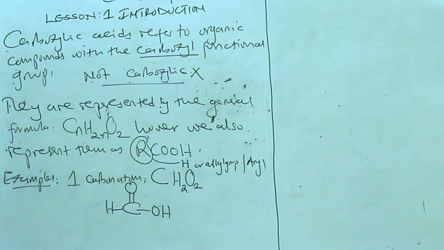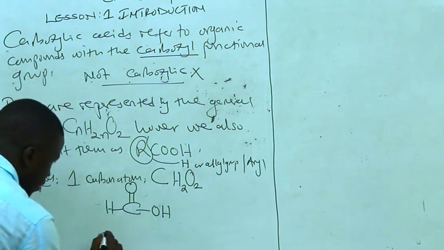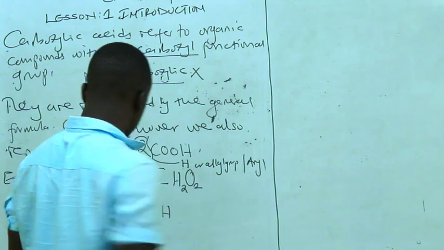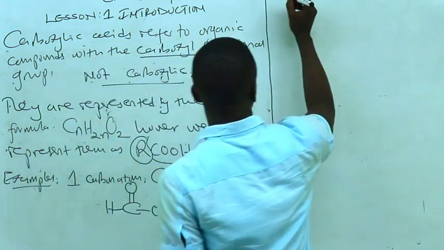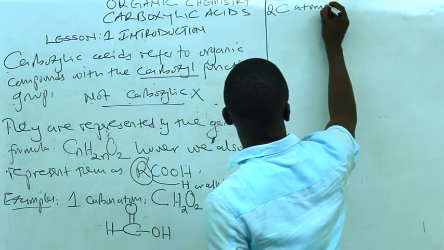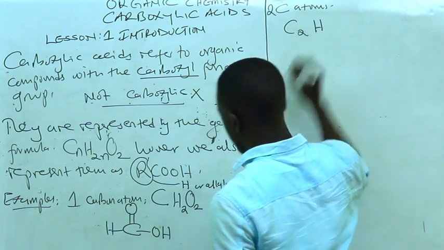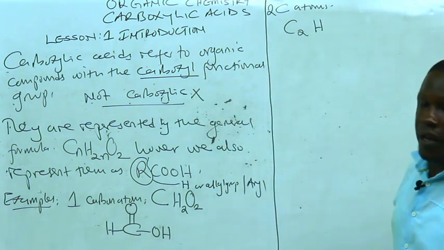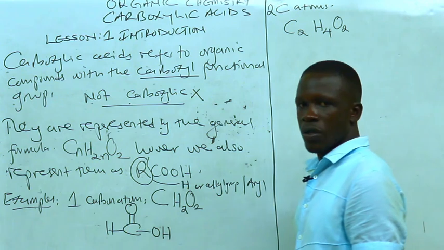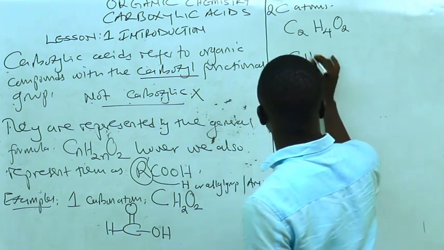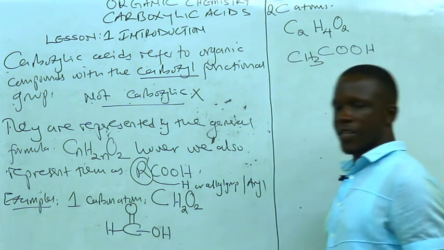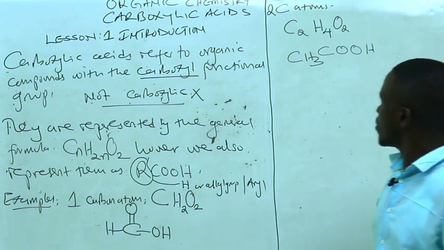If it's an alkyl group, we would have an example like 2 carbon atoms. 2 carbon atoms would give us C2H2n, so this would be 4, and then O2. So with 2 carbon atoms, we shall have CH3COOH. In this case, the R is a methyl group.